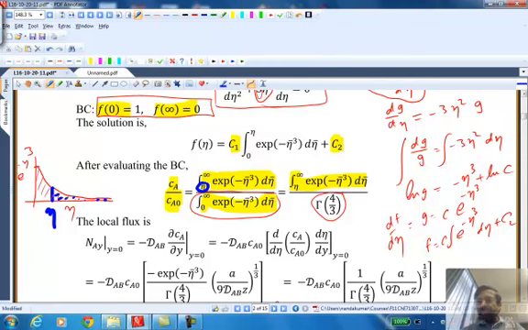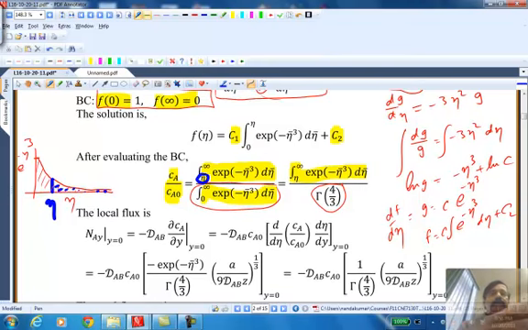The math is only incrementally more complicated than the error function solution, because the same steps are involved. Once you have the composition, you can plot that and take the derivative of that, and evaluate it at a particular value, for example at y equal to 0, and plug it into Fick's law.